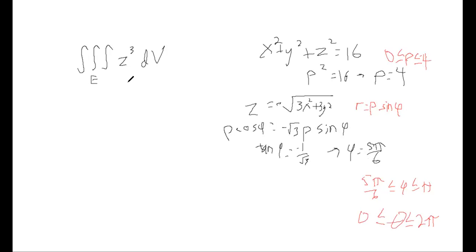And lastly, this z is the same thing as rho cosine of phi. So we get rho cubed cosine cubed of phi for z. So what we end up having here in terms of our integral is, and you're going to have to forgive me, I'm going to have to clear things so that we have room.